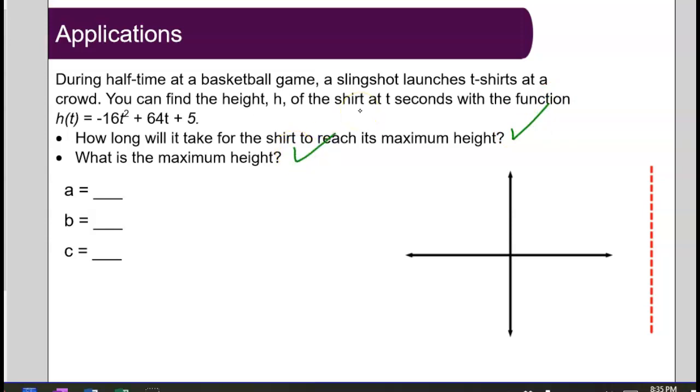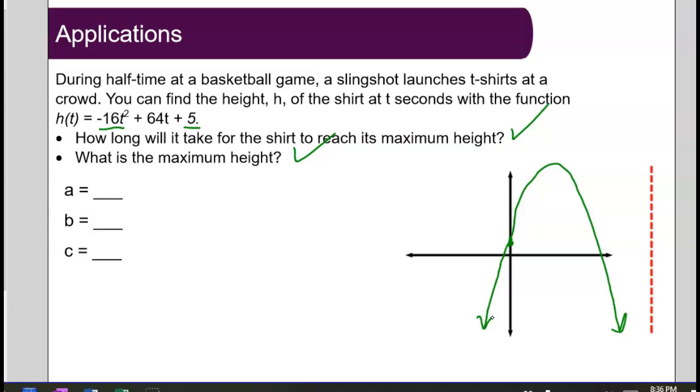Before you start figuring this out, think about what this graph looks like. It's a parabola. a is negative, so you know it opens down. The y-intercept is at 5, so let's sketch out what this might look like. Maybe it looks something like this. That's our parabola.